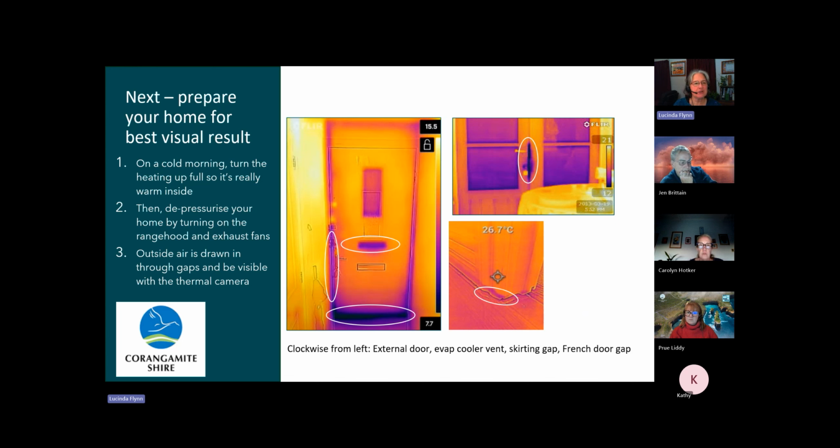And the way you would do that is on a cold morning, put on the heaters full blast for an hour or so, so everything inside's really warm. Then turn on all of the exhaust fans and range hoods in the house, and that will create a lack of pressure, which then draws drafts in through any gaps and cracks in the house. And that will then give you a good picture of where those drafts are coming from.